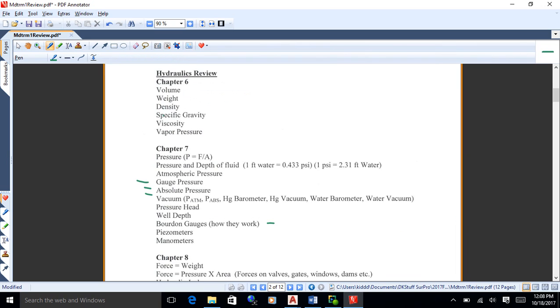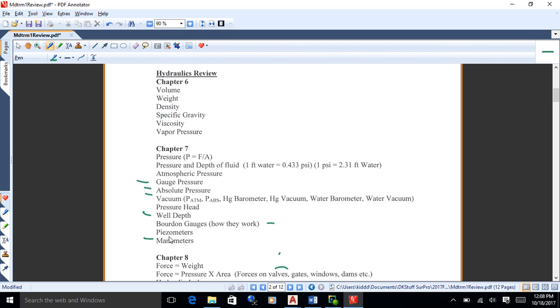And then we did a few kind of special topics on this, well depth, those bubble gauges and things like that. We looked a little bit at burden gauges, how they work. And then we talked about manometers, those U-tube manometers that connect 2 pipes together.